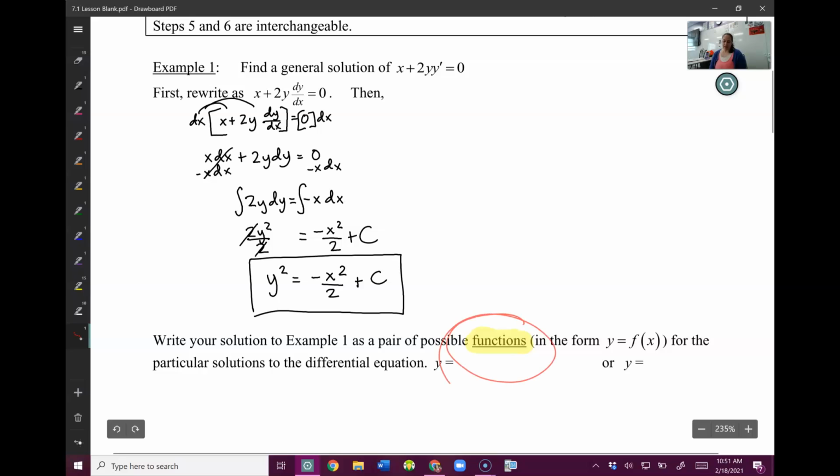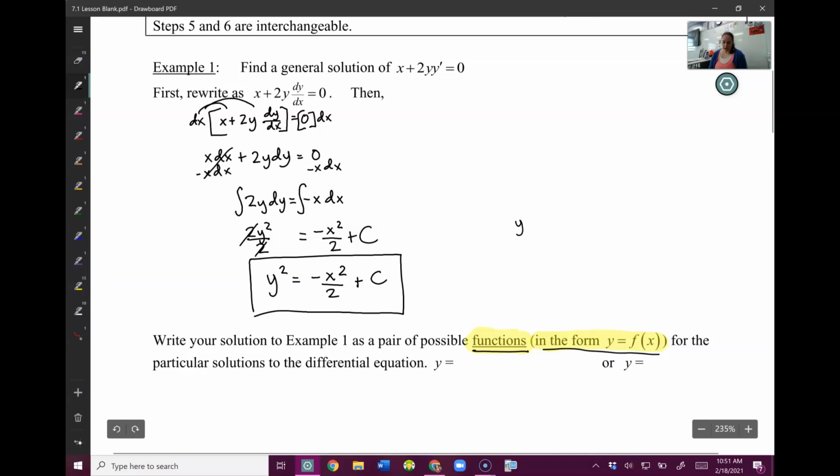If it asks for a function, or it could say in the form y equals f of x, that's the same thing, either of these two things. If it says function or in the form y equals f of x, that essentially means you need to solve for y. That's what that means.